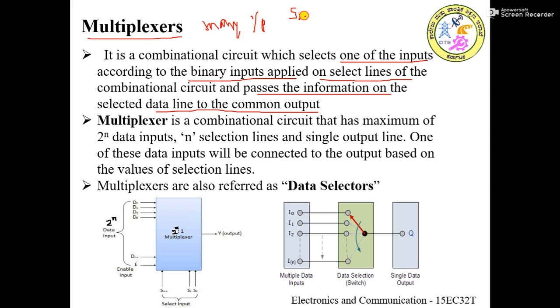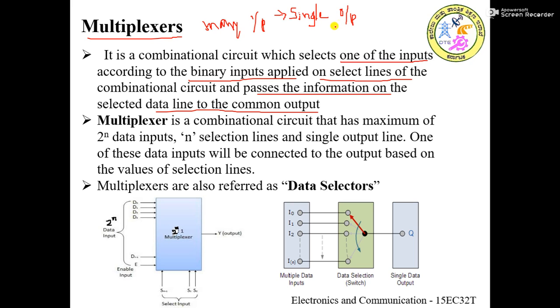As I told you, the constituents of any combinational logic circuit are the input variables, the output variables, as well as the logic function. So here it consists of many inputs. Many inputs means there will be plenty of inputs for this circuit, and there will be only a single output. So remember, for many inputs I cannot write any random number here.